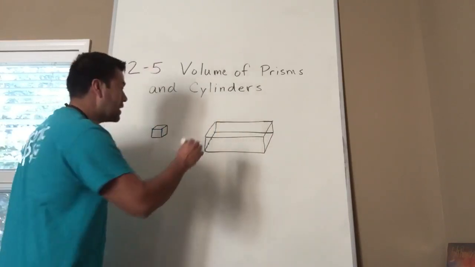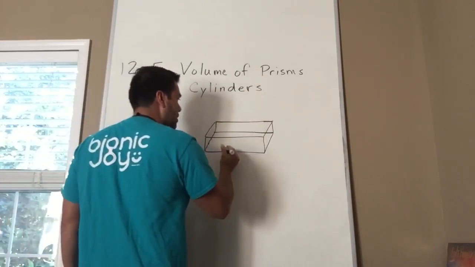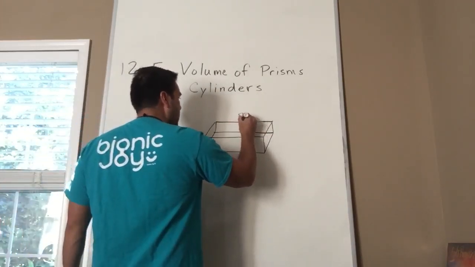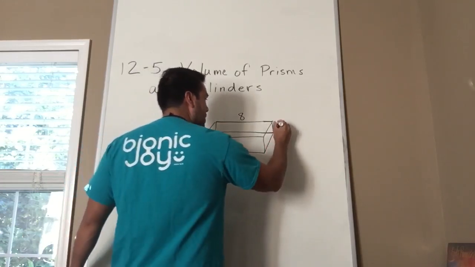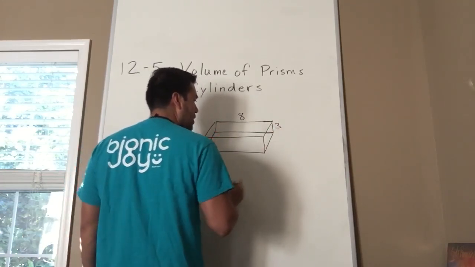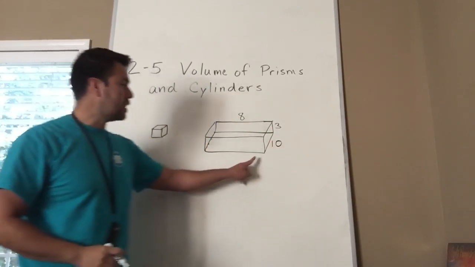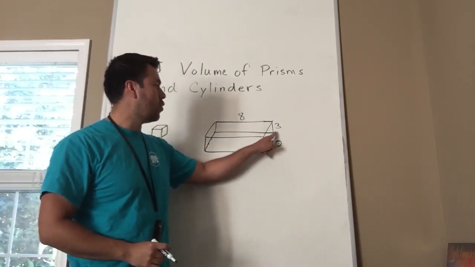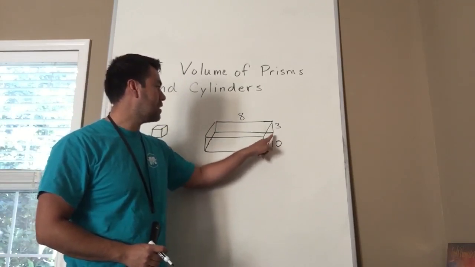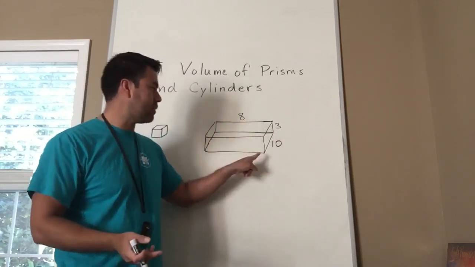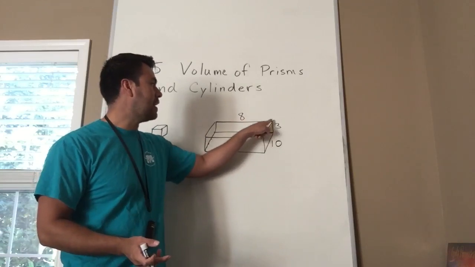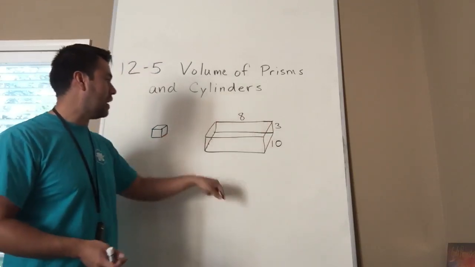Okay, let's say this rectangular prism had a length of 8, a height of 3, and a width of 10. It doesn't matter what you call them, but you have three dimensions: length, height, and width.